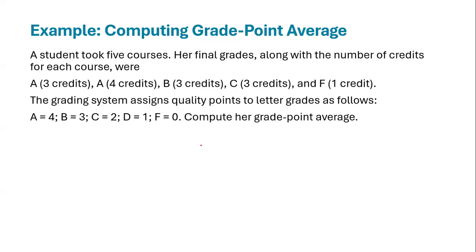For example, if you look at this example, it says a student took 5 courses. Her final grade along with the number of credits for each course were: A for a 3-credit class, A for a 4-credit class, B for a 3-credit class, C for a 3-credit class, and F for a 1-credit class. So let's put them in a table.